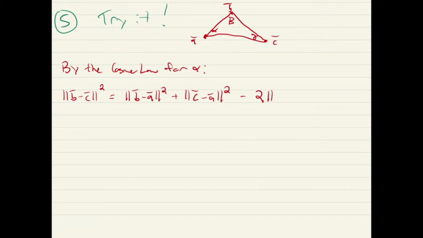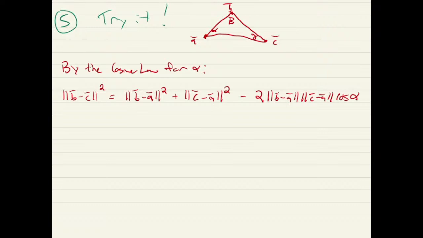And then what I do is I can kind of copy and paste these sides for this last term, okay? B minus A, but I don't square it now, times C minus A, I don't square it now, times cosine of the angle we're interested in. We're interested in alpha right now, okay? There we go. There's the cosine law.